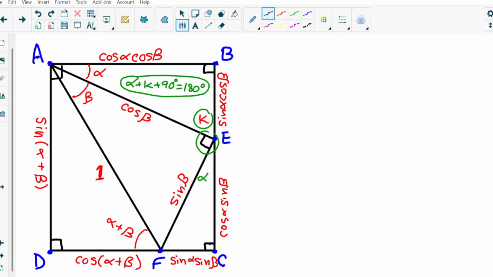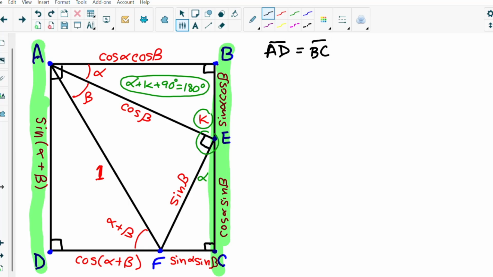So if I look at the vertical sides first, here and here, AD is equal to BC. So let's first state that the length of AD equals the length of BC. We know that from a rectangle.